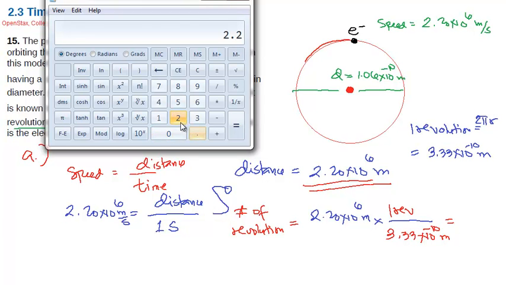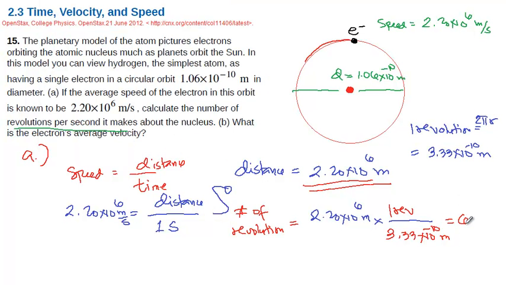So 2.20 exponent 6 divided by 3.33 exponent negative 10, and we get quite a big number. That is 6.61 times 10 to the 15 revolutions per second.